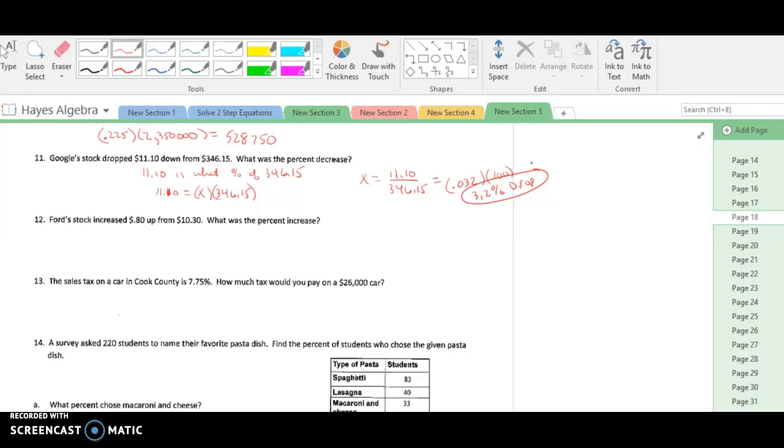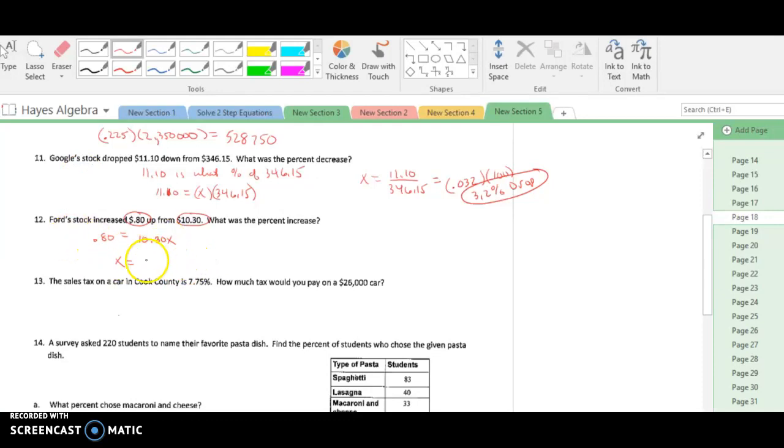Next one, Ford stock increased 80 cents up from $10.30. What is the percent increase? Again, you should know you're going to take the partial amount and divide it by the whole amount. So I can set up my equation such as 0.80 is what percent of $10.30.